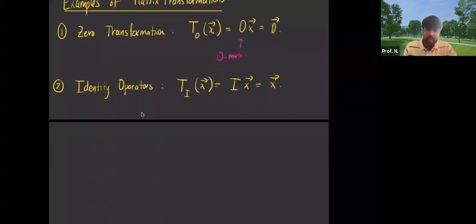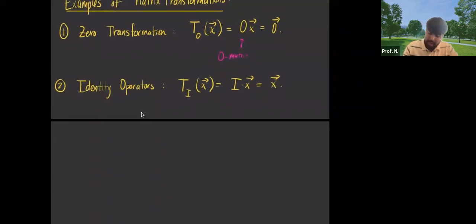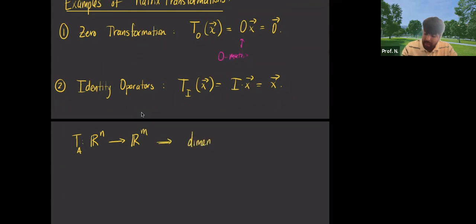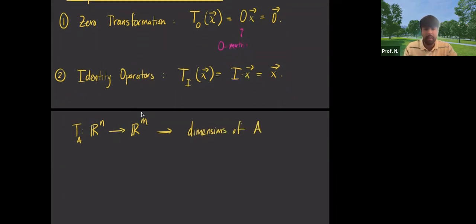And if we study this a bit more, this idea that if I take a matrix transformation and go from Rn to Rm, then does anybody know what the dimensions of A have to be? What are the dimensions of A?